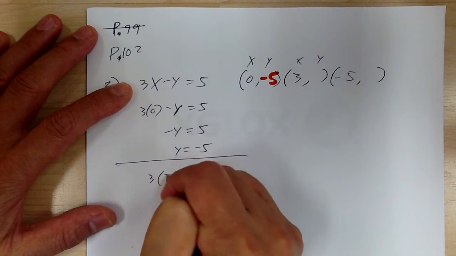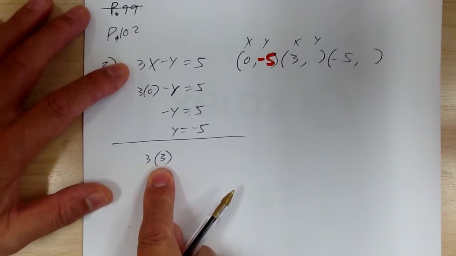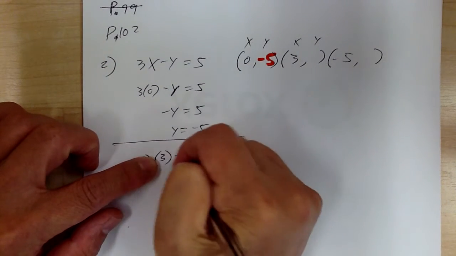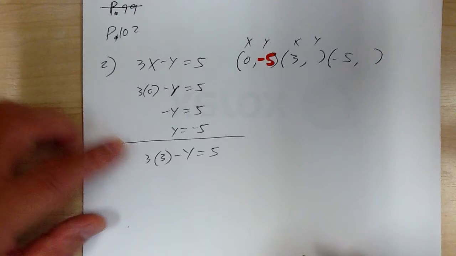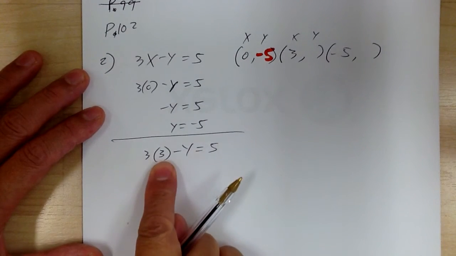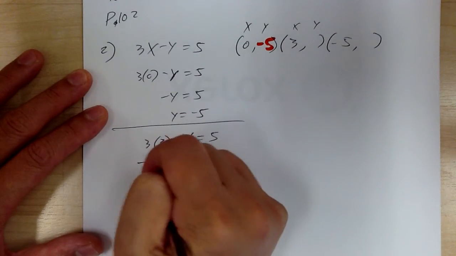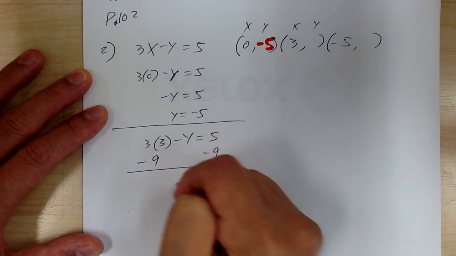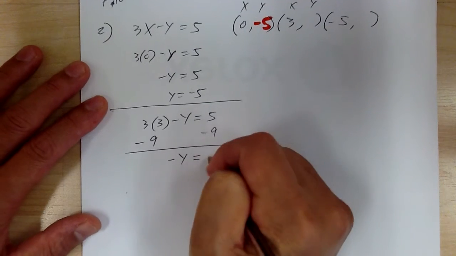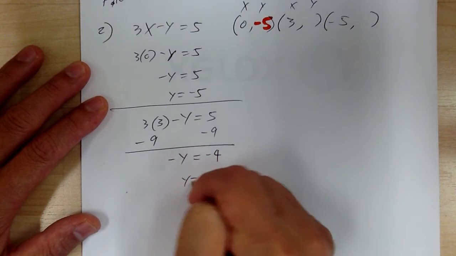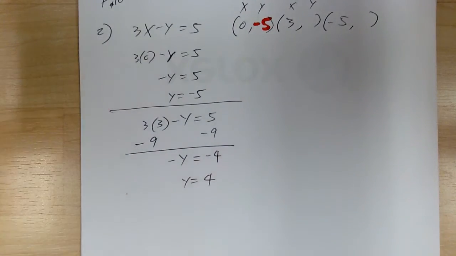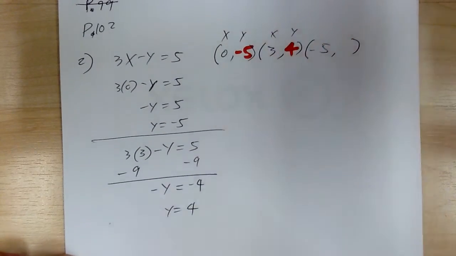So it'd be 3 times 3. Whatever you substitute, you put in parentheses, right? It helps you know what number you substituted. So 3 times 3 is 9. So I'm going to minus 9 on both sides. So I got -y equal to -4, and so y equal to 4. Okay, so that's my next answer.